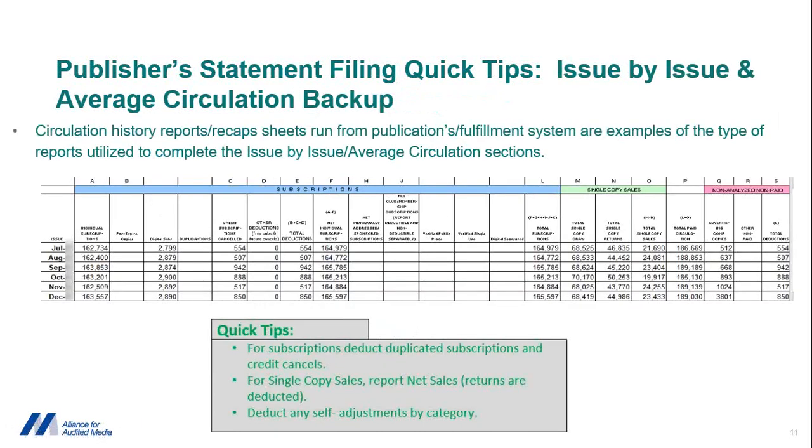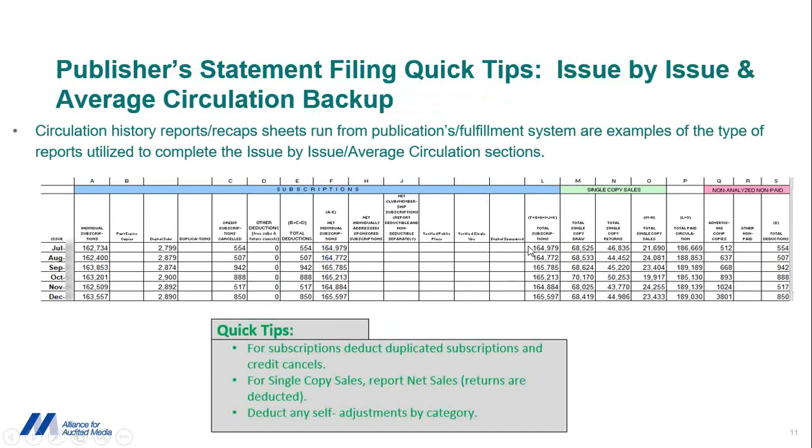When you're completing your issue by issue and your average circulation, for the backup information that you need, most publications have some type of circulation system, or the fulfillment center has some type of history report. This history report is going to show what your distribution is by issue, and it breaks it down by type, whether it's individual paid, digital, or verified.